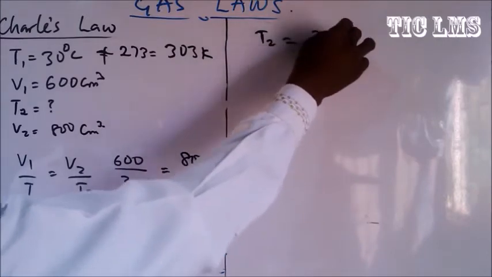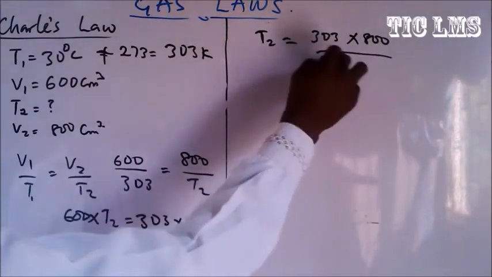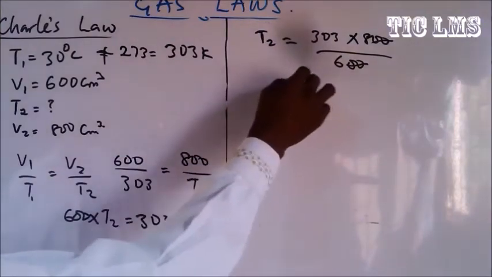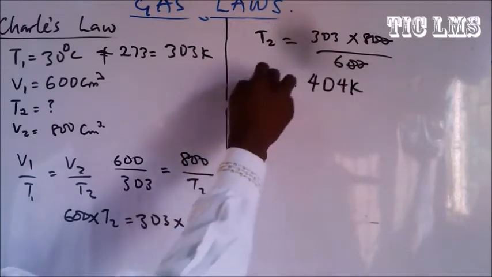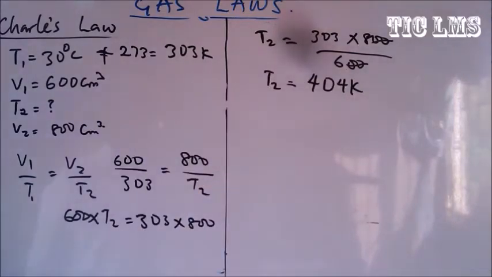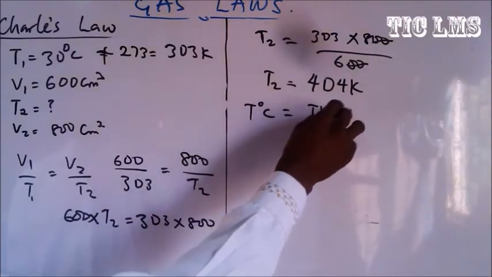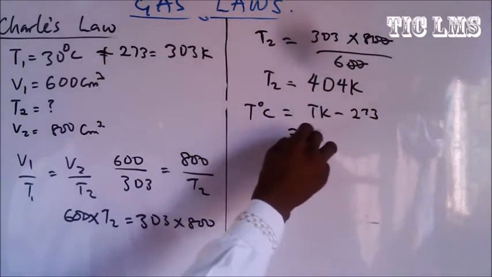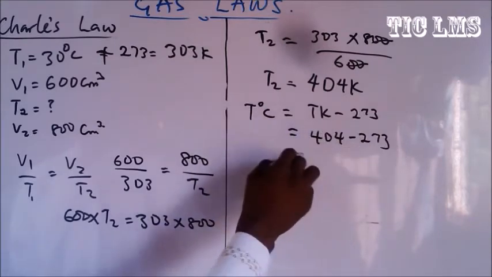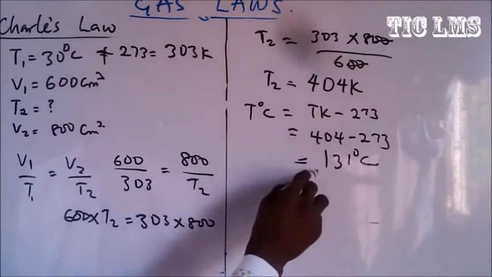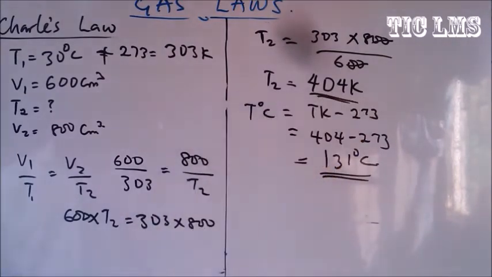So we have 303 multiplied by 800 divided by 600. When we multiply this out, we would have 404 Kelvin as T2. Since we're giving our answer in degrees Celsius, we could change it into degrees Celsius. And so temperature in degrees Celsius equal to temperature in Kelvin minus 273. So that's 404 minus 273. And that leaves us with 131 degrees Celsius. So we could leave our answer here or here.